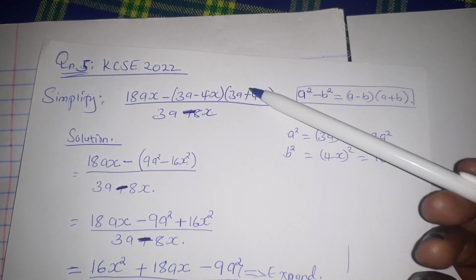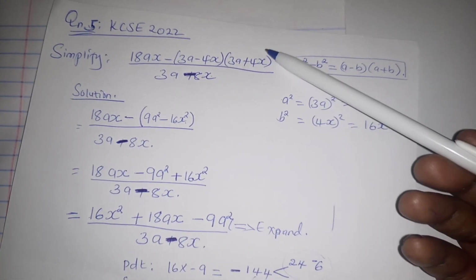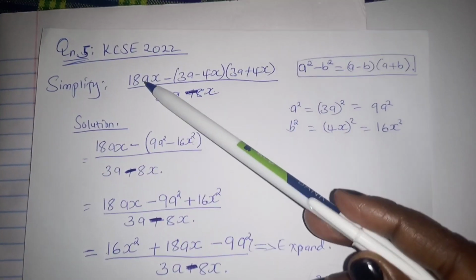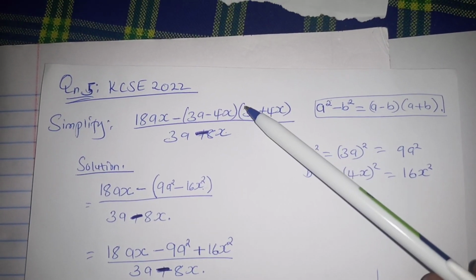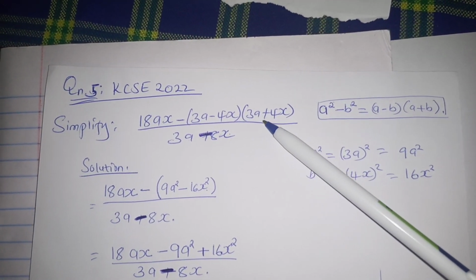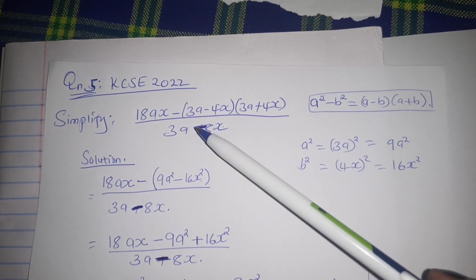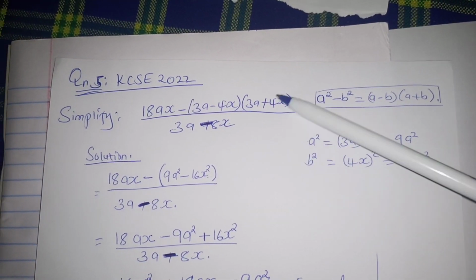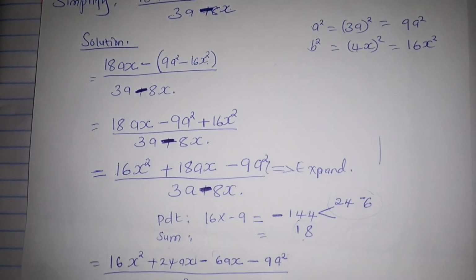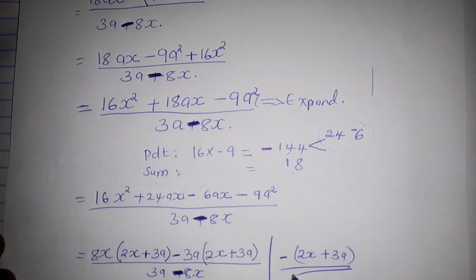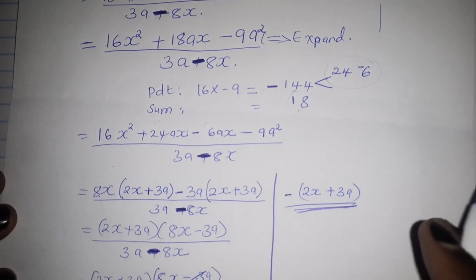Sorry for that. So this is the required working for that question: 18ax minus (3a minus 4x), open another bracket, (3a plus 4x), divided by 3a minus 8x. This is supposed to be our working till you get to the final answer.